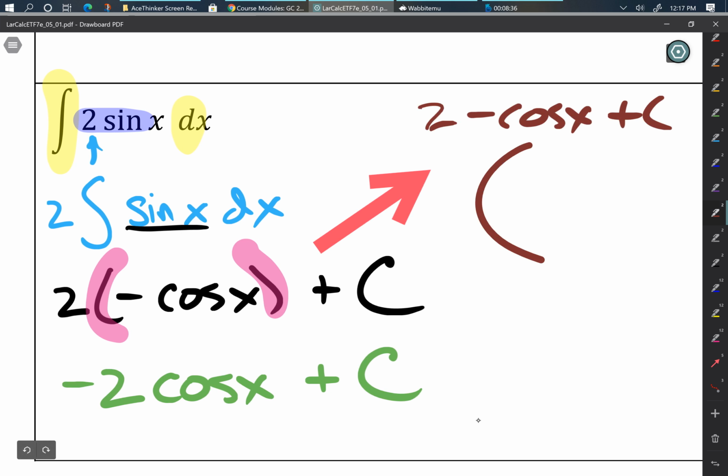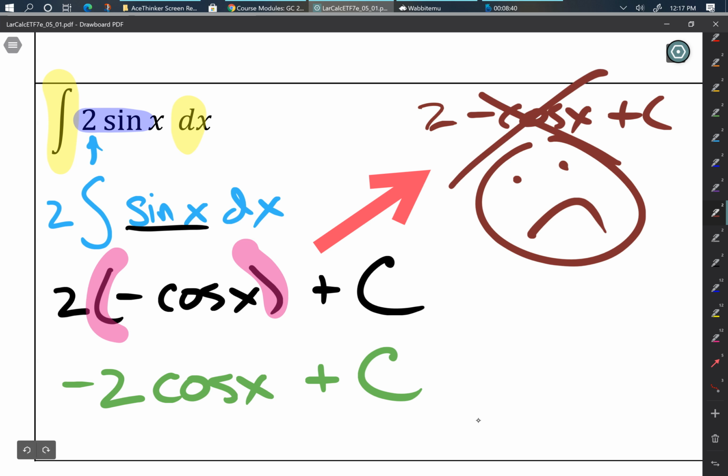And that is not correct, and that is not good, and that does not make anyone happy because that's a mistake that shouldn't be made. The 2 is a coefficient. It's multiplied. Okay, so just be careful with those little things. Sometimes we get so focused on the big picture that we lose track of the small picture. We get so focused on the antiderivative that we forget that the coefficient is multiplied.